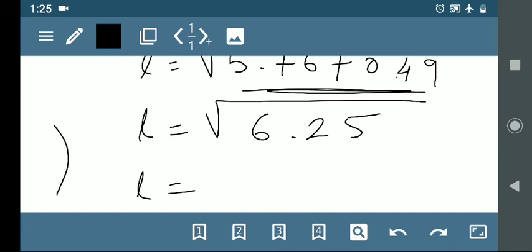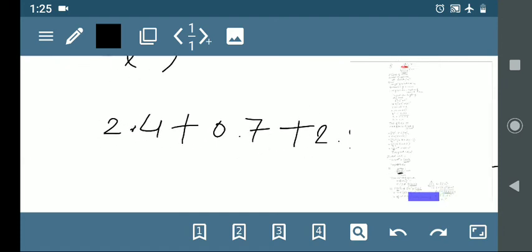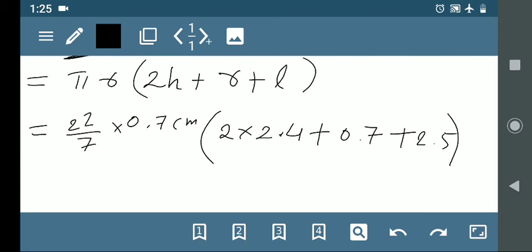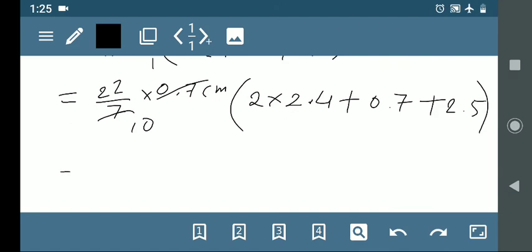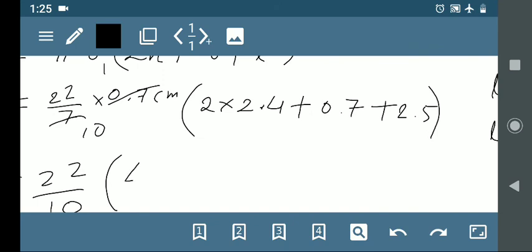Now 0.7 times 22 divided by 10, times 2 into 2.4 which is 4.8, plus 0.7 plus 2.5. Solve these, students: add all these terms, multiply by 22 and divide by 10. Do it on your own.